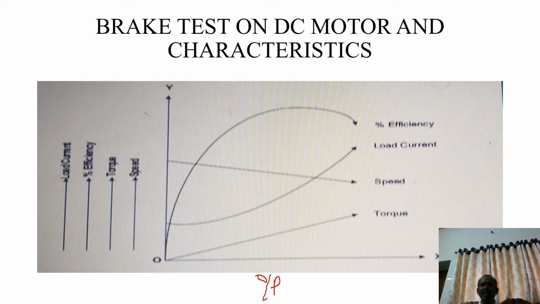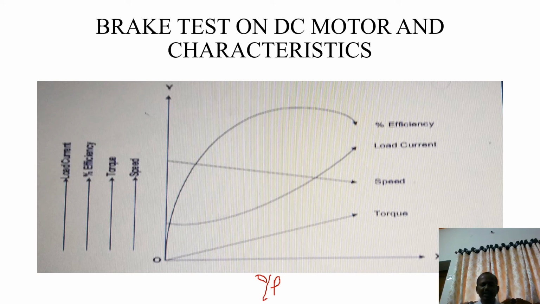The speed is reduced and load current increases. In the graph of output power versus load current, as output power increases, load current also increases, and you will get these characteristics.